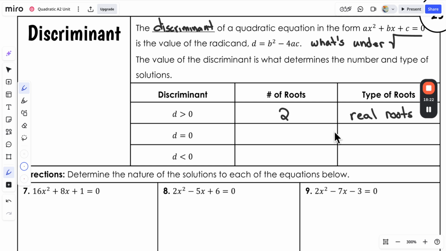It's only not a real number if you end up with an i. If the discriminant is equal to 0, we ended up with one real root. What happens in that case is that the parabola goes down and it touches the x-axis, but it does not cross it. And if we have a negative discriminant, we're going to have two roots still, but they are going to be complex numbers.